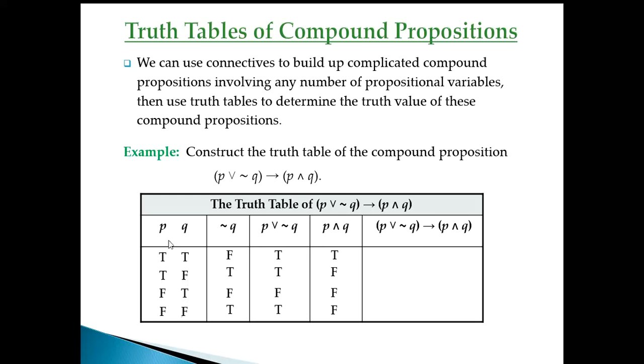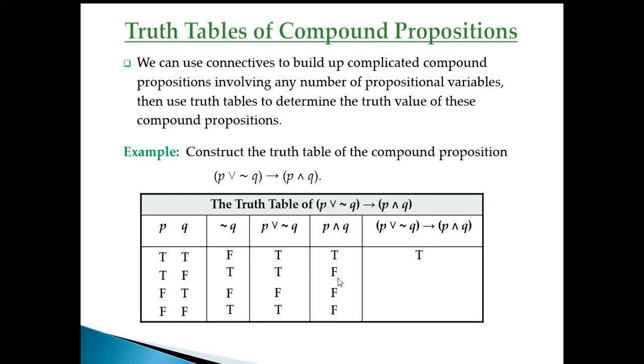So now next we need to calculate the implication with this and this. So we need to use the conditional by both of these. In our conditional statement, the value is false only if the second statement is false, otherwise it is true. So true implies true is true.